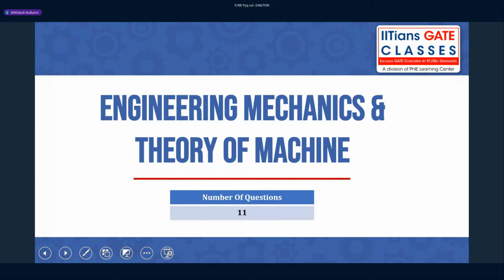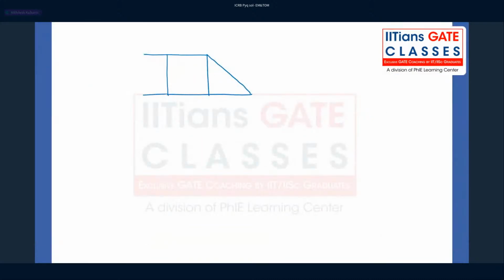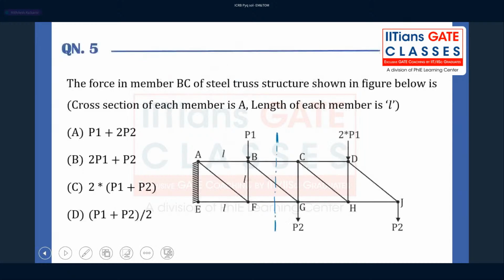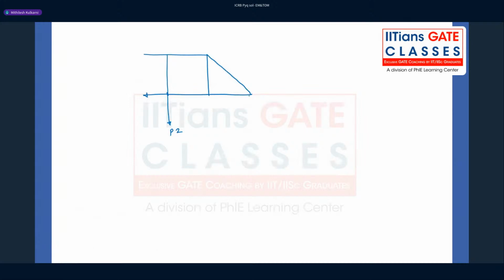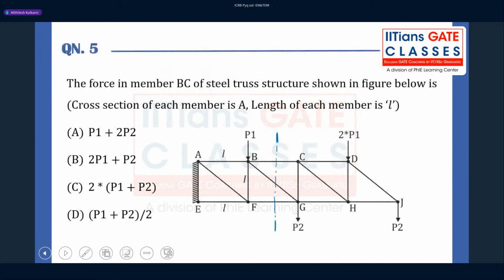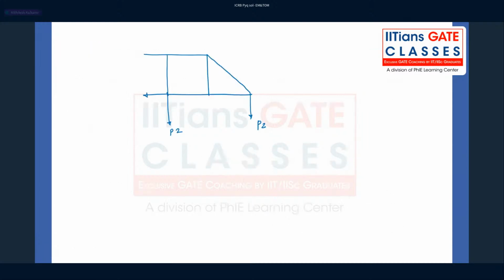We have P2 force in downward direction. Then we have one more P2 force at this point. We have 2 P1 force at point D. Let's write this as C, this as D, this as G, H, and I.